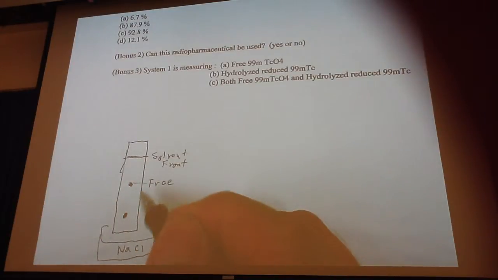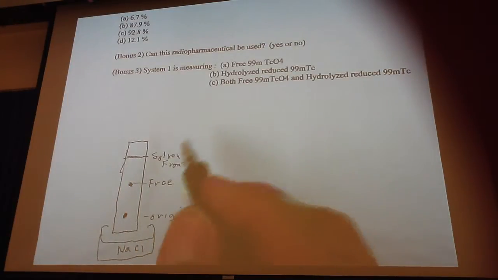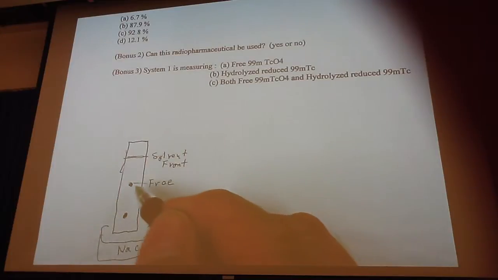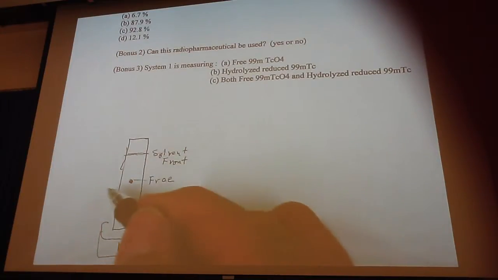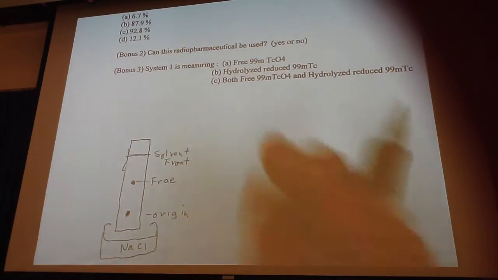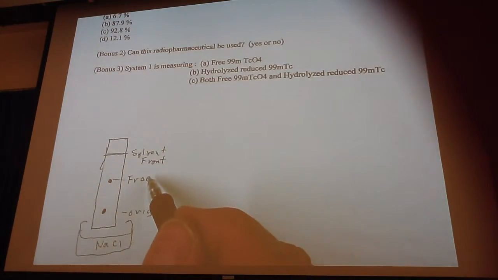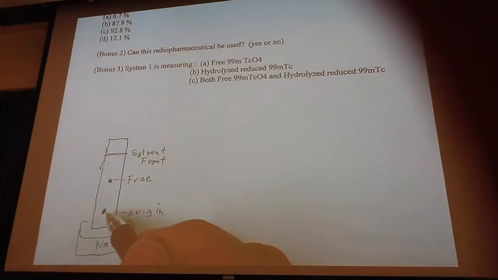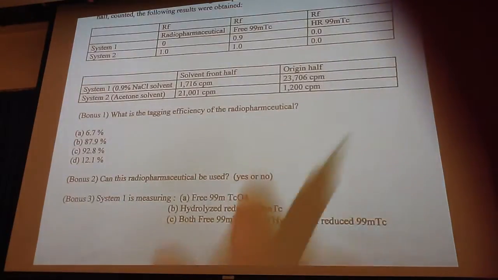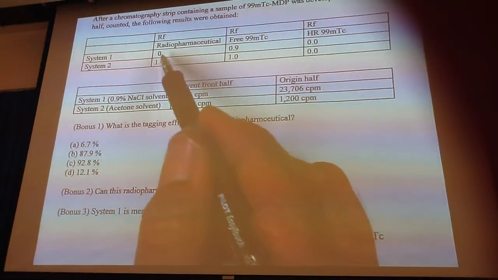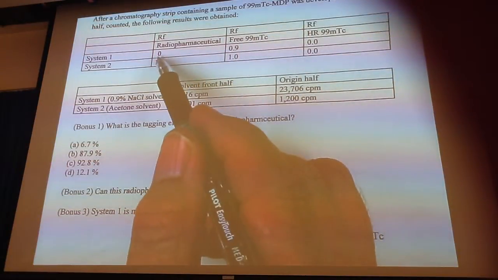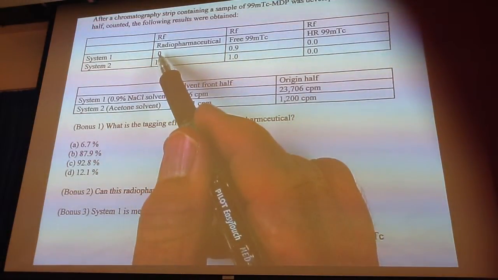So basically what's going to happen is when you cut this in half, all the free technetium will be up here, and all of the labeled stuff will be down here. So you should have the same relative flow number with the technetium every time you do it.